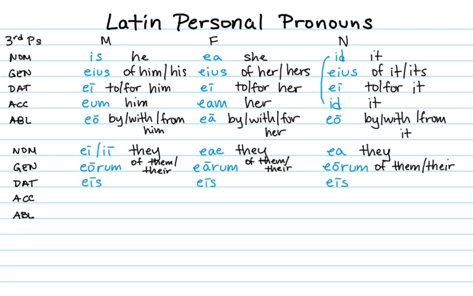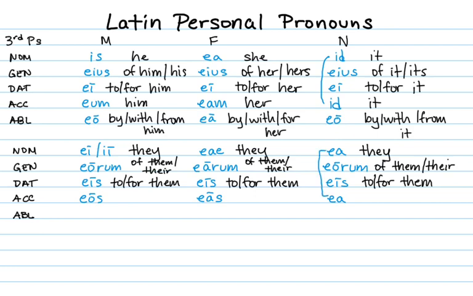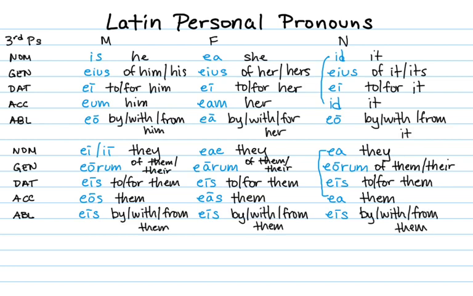Dative, eis, eis, eis, to or for them. Accusative, eos, eas, ea. As usual, the accusative neuter plural is identical to the neuter nominative plural. Means them. And lastly, the ablative, eis, eis, eis, by, with, or from them.